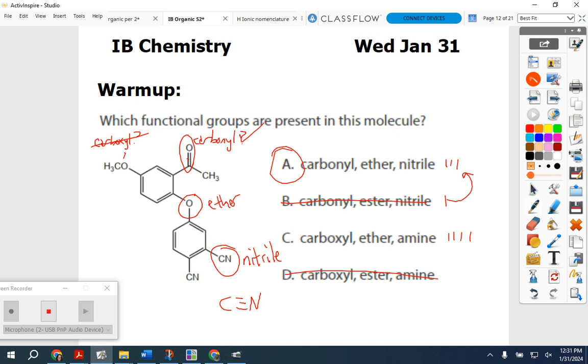So this is basically, if we move that methyl group so that it's bonded to the oxygen, you can see that the oxygen has two bonds, one to the carbon in the ring structure and one to the carbon in the methyl group. So we have two ethers, one carbonyl, one nitrile. Okay. I'm going to give you some more practice with this. You'll get some practice sheets tomorrow. Yes?